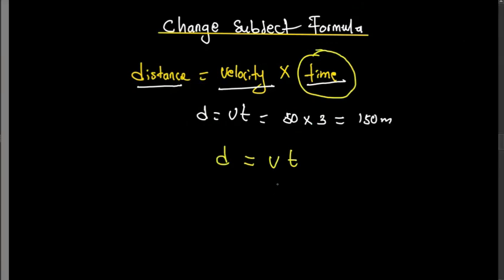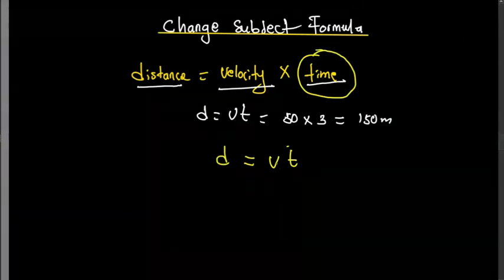How do we do that? We want only time to stand alone. There is a very easy way we can do that. This v here is what is making time not stand alone, right? So if we divide both sides by v, the v cancels out from here, and we're going to be left with time only, right? So time is now going to be equal to distance over velocity.